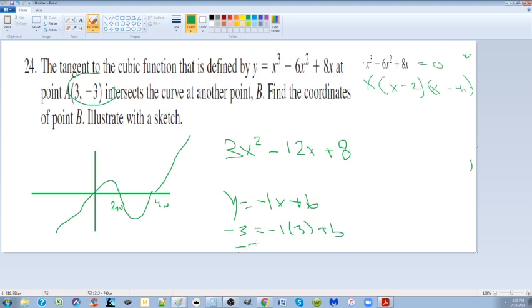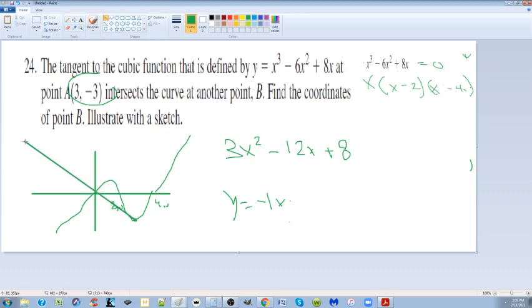So I get minus 3 is equal to minus 3 plus b. So b is equal to 0. So this is the line. And I'm talking about (3, -3), which is probably right down there, and a line that goes down like this.